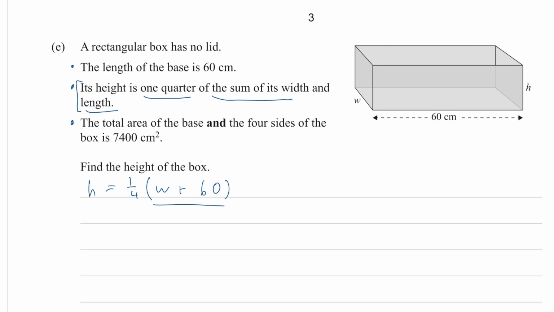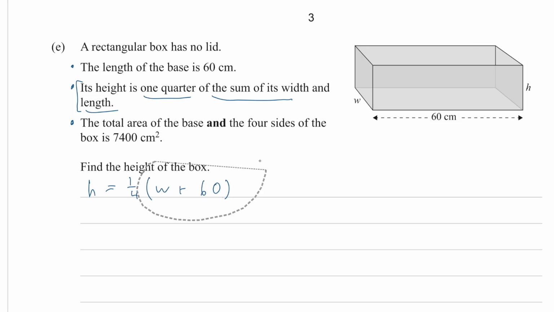Okay, so this expression inside the brackets is the sum of its width and length, right? We don't know what width is, but we do know the length is 60, and the height is a quarter of that. So when we say a quarter of something, that means times. And in algebra, when we write a number outside a bracket, we're implying that there's a times there. So we don't actually need to write it.